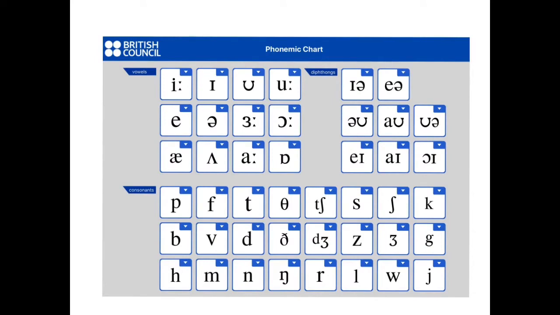We highly recommend you use the application created by the British Council. This application only does one thing. Every time you touch it, you're going to hear the particular sound that you touch. I've downloaded it on both Apple and Android, so you should just search for it on your device and download it.